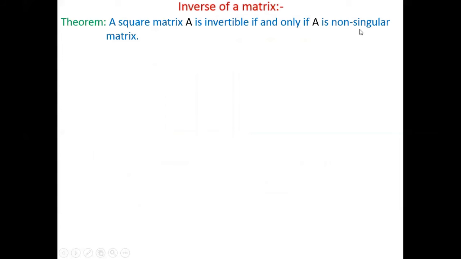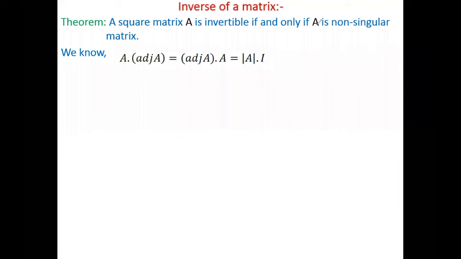Okay. Now let us understand what the inverse matrix is. For getting an inverse matrix, a matrix should be a non-singular matrix. So we know from the last theorem, A into adjoint A is equal to adjoint A into A, which is equal to determinant of A into the identity matrix, right?